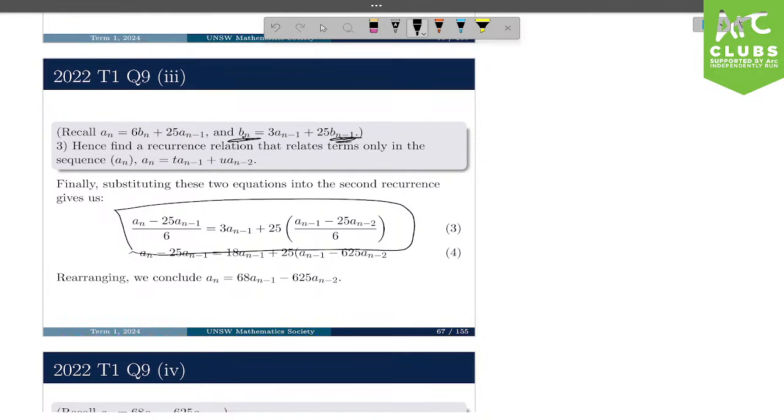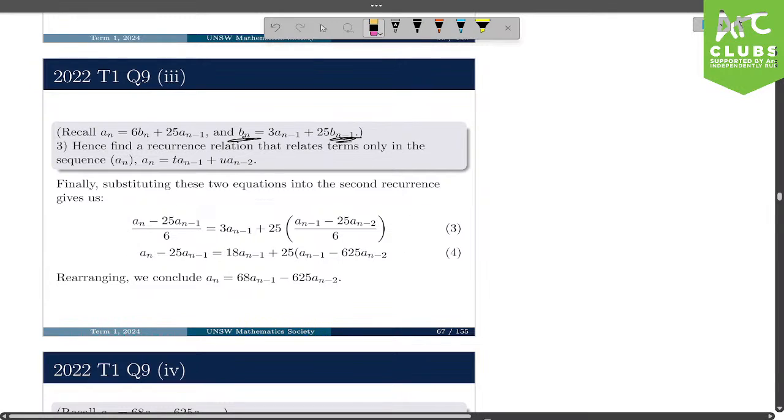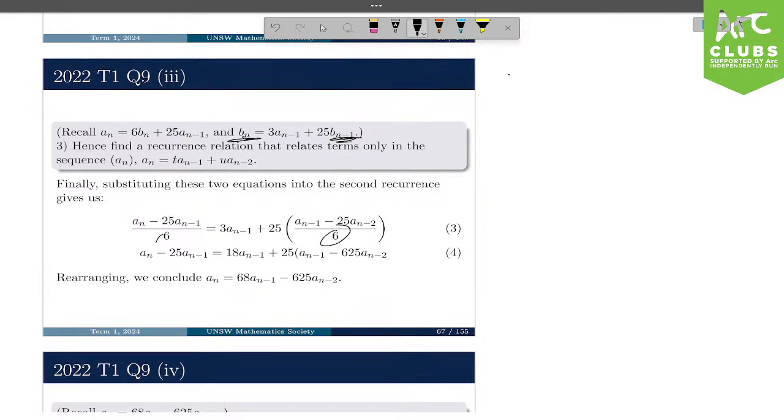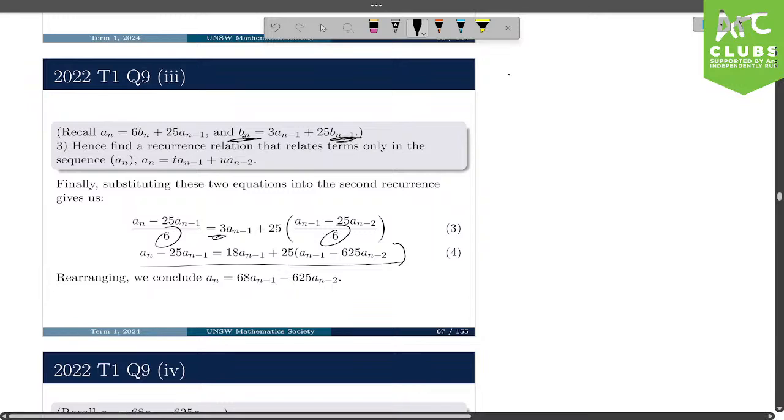If we multiply the entire equation by 6, we get rid of the 6 in each of the fractions here, and we get an 18 here. 3 times 6 is 18. And so these are our terms. Rearranging everything and grouping like terms, put a bracket there, gives us this recurrence relation.